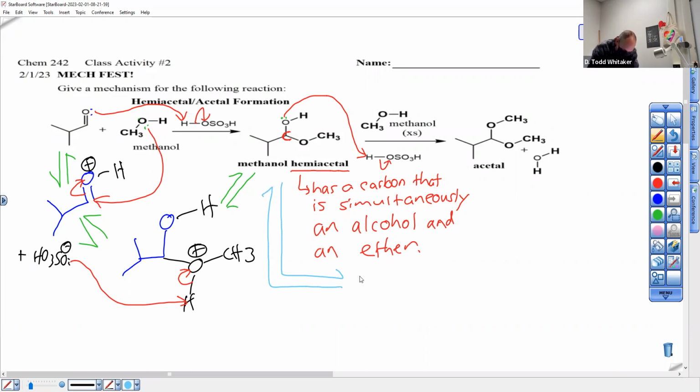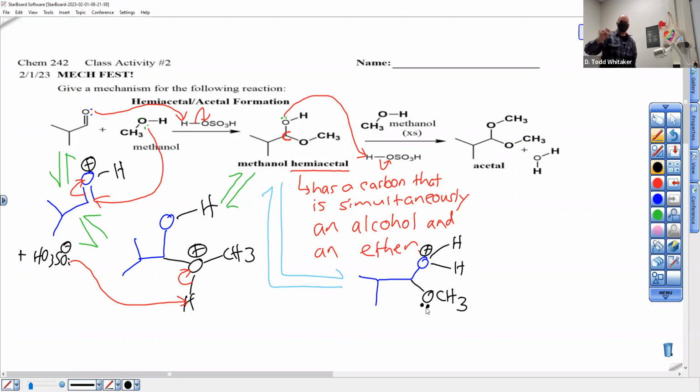What do we got? We have the C with the O, which now has two H's. It'd be leaving soon. And then we have OCH3 in black down here. And big fat hint here. Why is he doing that lone pair there?